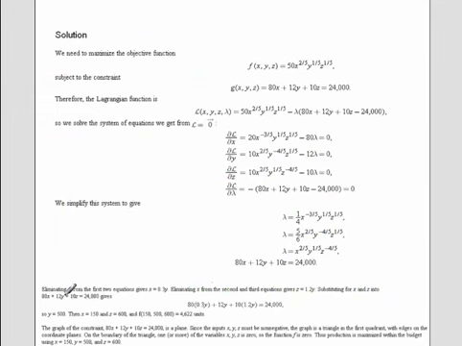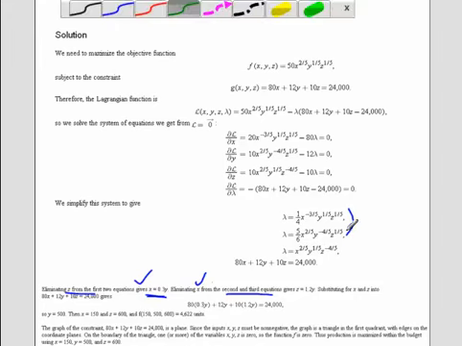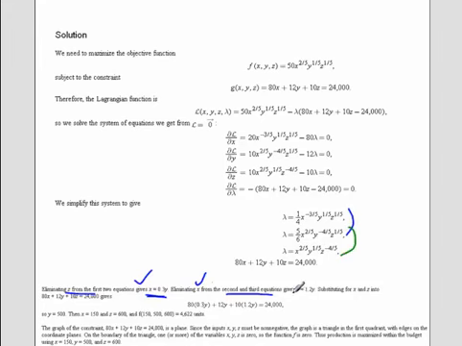So if we eliminated z from the first two equations, that let us get x in terms of y. And if we eliminated x from the second and third equations, we were able to get y and z related. Then we could substitute our x and z values into any of the functions, but the easiest would be our budget constraint.